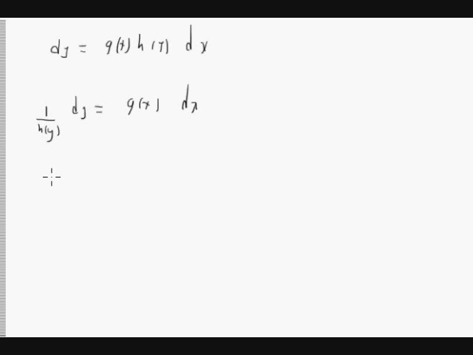In order to find what this differential equation's solution is, I would just take the integral of both sides. So we have the integral of 1 over h(y) dy with respect to y equal to the integral of g(x) dx.